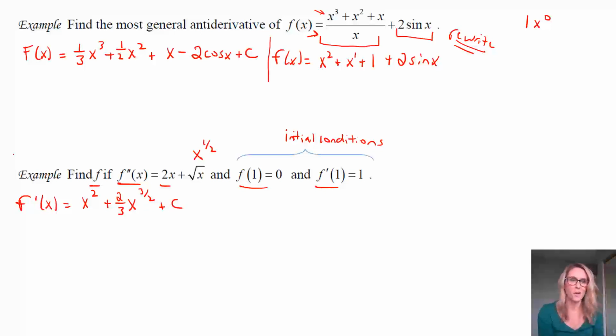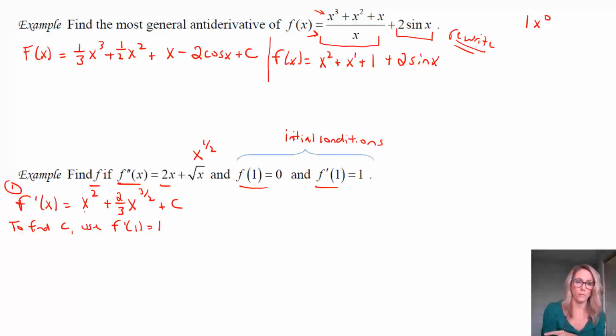But we are not quite where we need to be because we need to find the c. So to find c, we're going to use this f prime of 1 equaling 1. What that means is when we plug 1 into this first derivative, we should be getting 1 back. And that's what allows us to find c. So this tells me that 1 should equal 1 squared plus 2/3 times 1 to the 3/2 plus c.